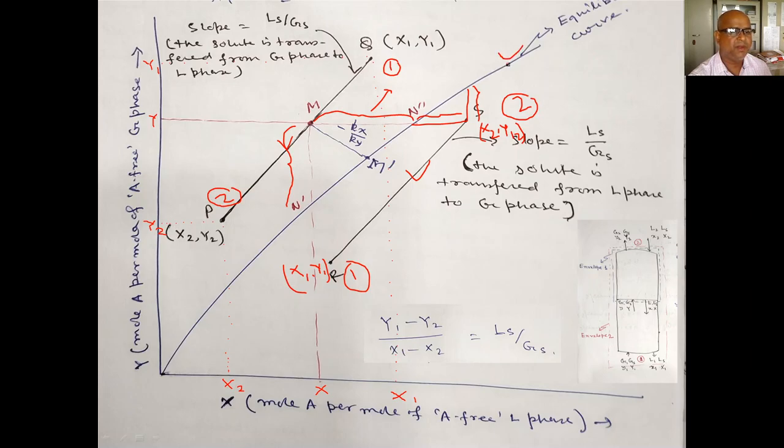But here, keep it in mind, this is the G phase, capital Y. Now when mass transfer occurs from G phase to L phase, your operating line will be above the equilibrium. And when mass transfer takes place from L phase to G phase, the operating line will be below the equilibrium.